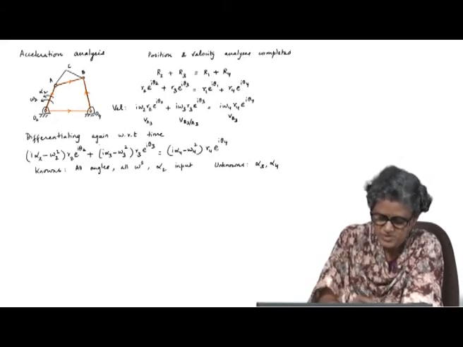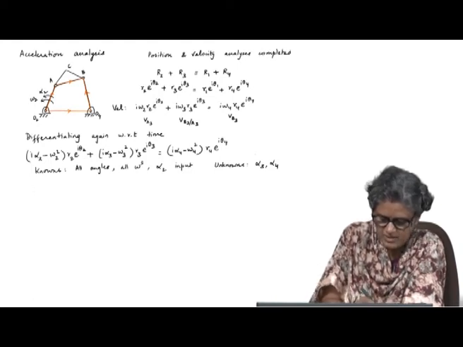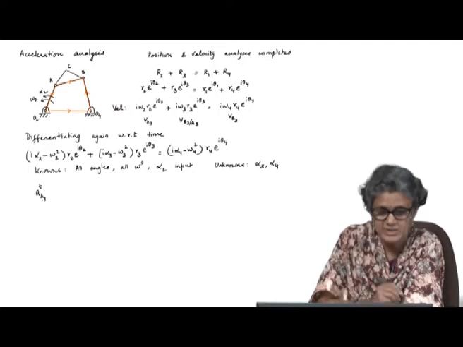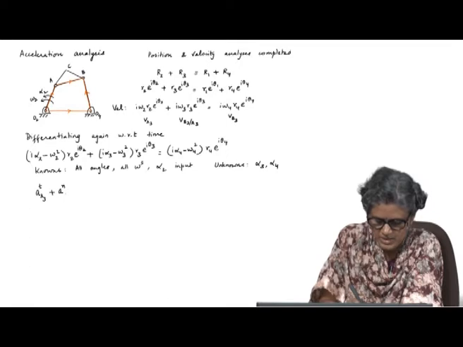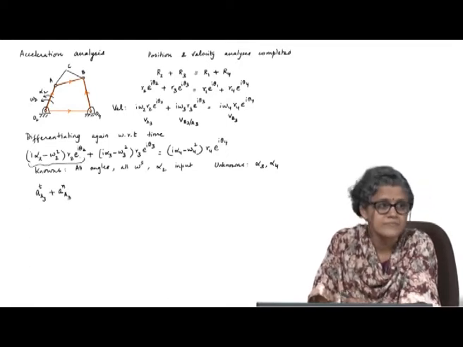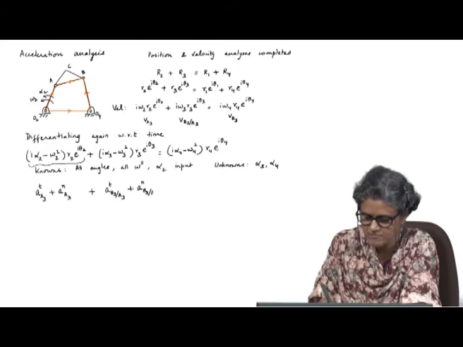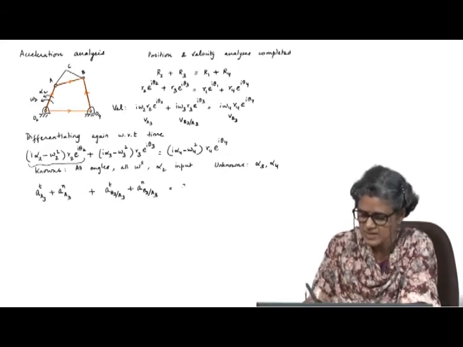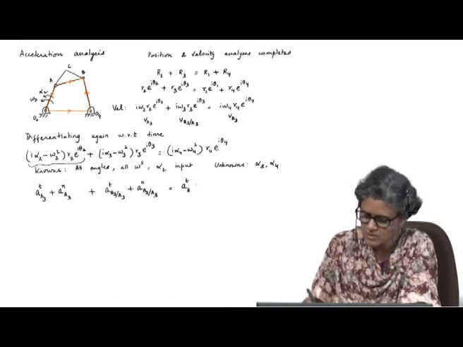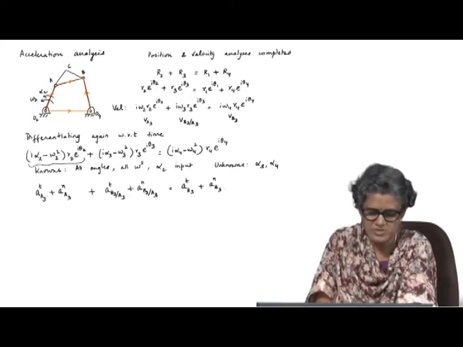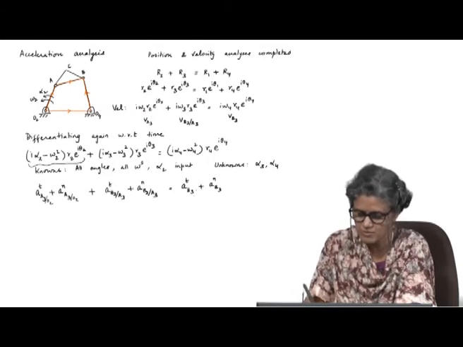Now, let me solve this. I can split this up as A tangential of A on body 3 plus A normal of A on body 3, okay, plus this is A tangential of B relative to A plus A normal of B relative to A. This is A tangential of B on body 3, A normal of B on body 3, because these two are absolute, because they are with respect to the fixed pivot, O2 here, O4 here.